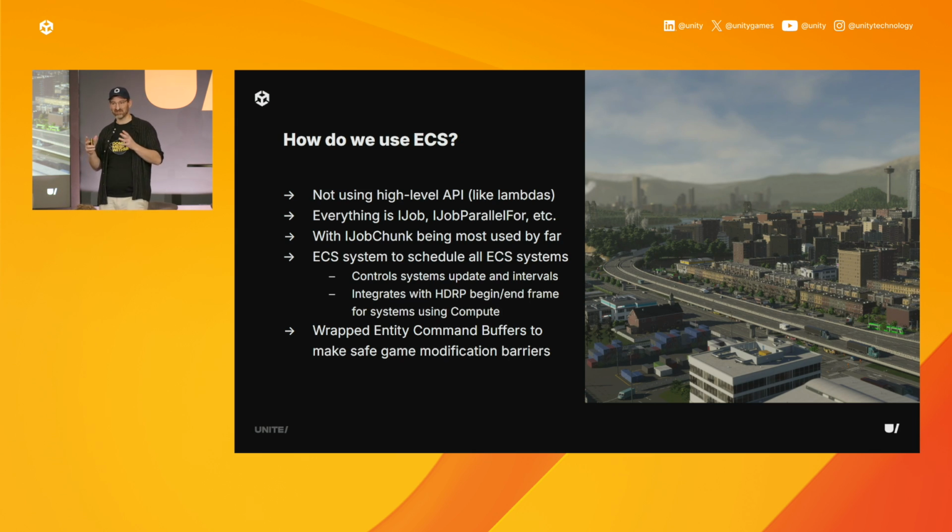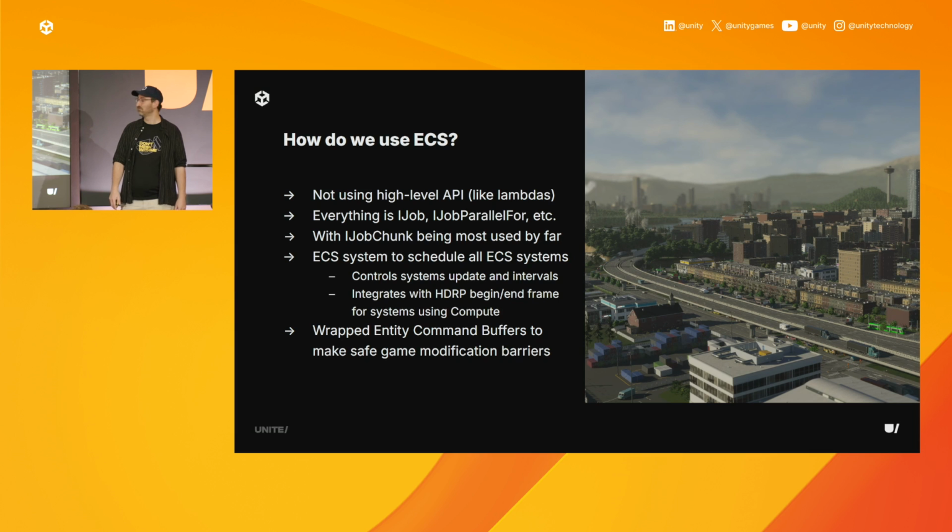But if they don't seem to be final, it's better not to commit to them, because they come with arbitrary limitations. In some cases, we couldn't pass more than a certain amount of type handles to a certain job. So we just ended up going with everything implementing IJobParallelFor and other derivatives of it.